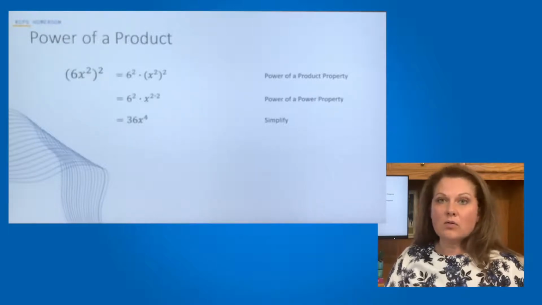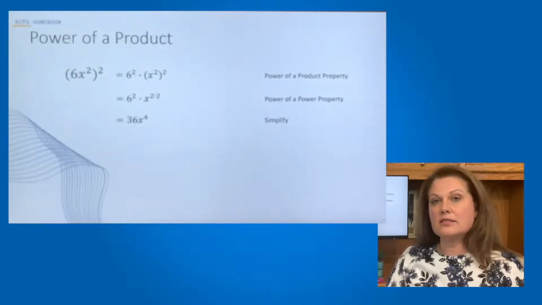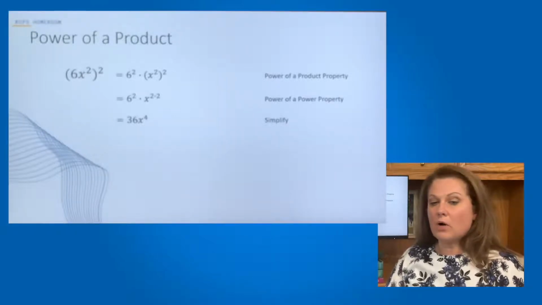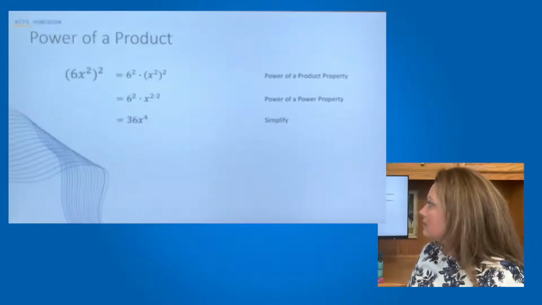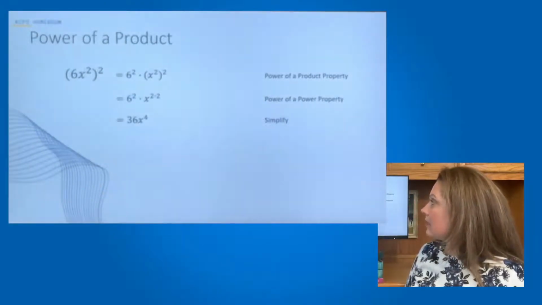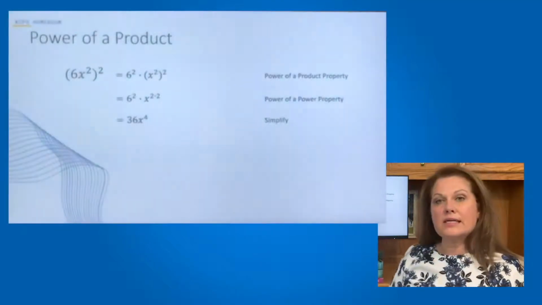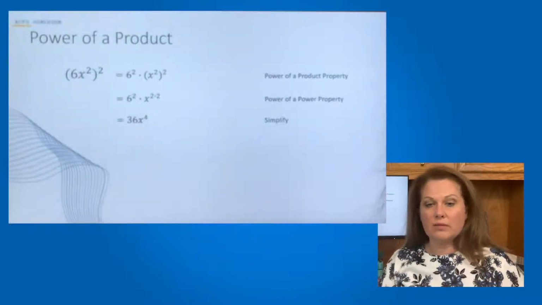Now we're also going to do x to the 2nd times 2, so that would be x to the 4th. So our simplified answer for 6x to the 2nd power would be 36x to the 4th.